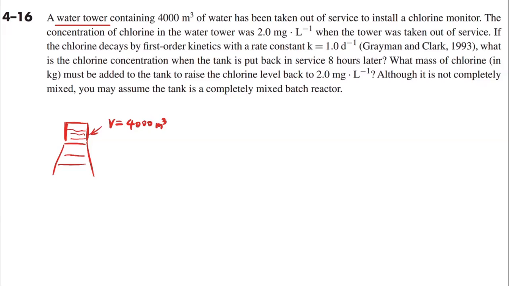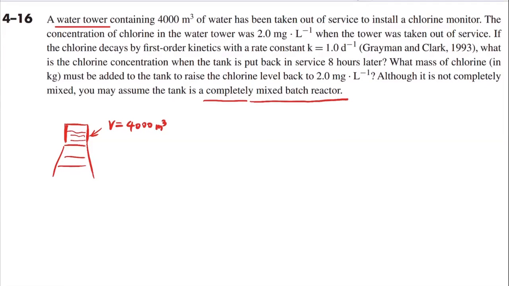All right. So what this problem tells us is that you can treat it as a completely mixed batch reactor, or for simplification, a batch reactor. And then what happens is that people have isolated this water tower.